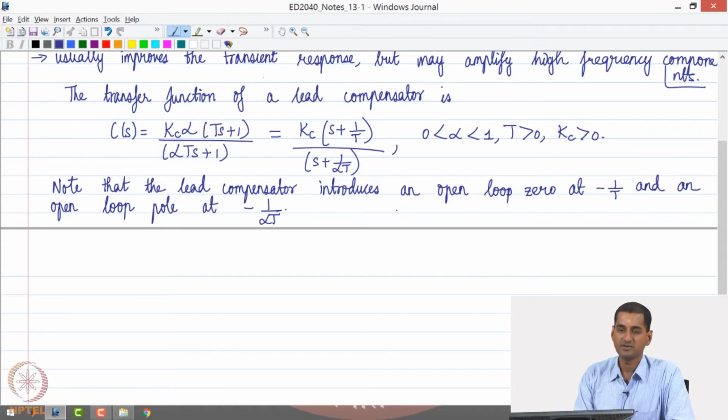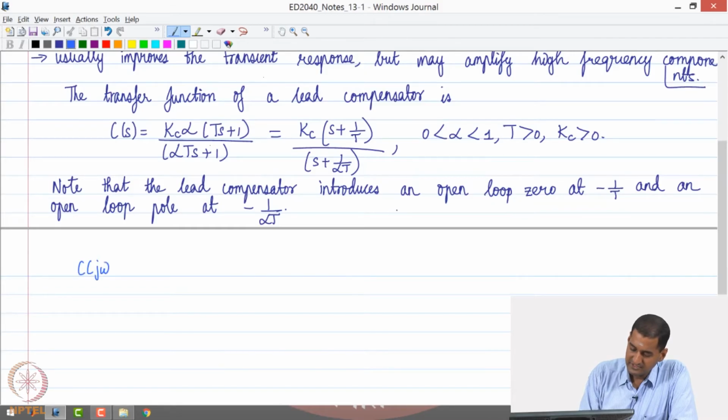Essentially we substitute s equals j omega and see what happens. Then C of j omega becomes Kc alpha times (1 plus j T omega) divided by (1 plus j alpha T omega).